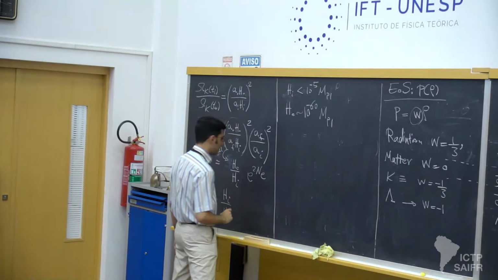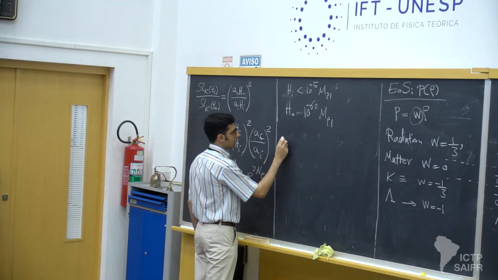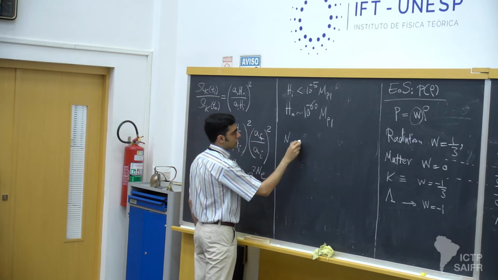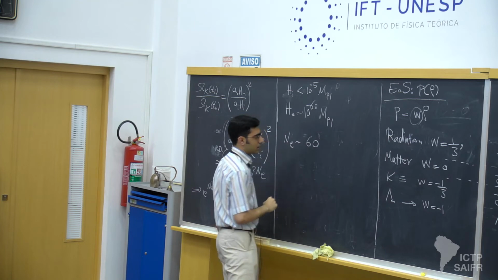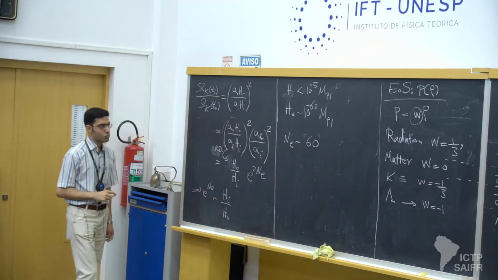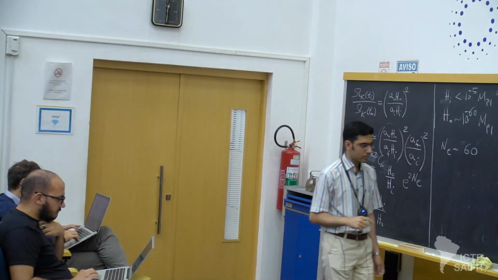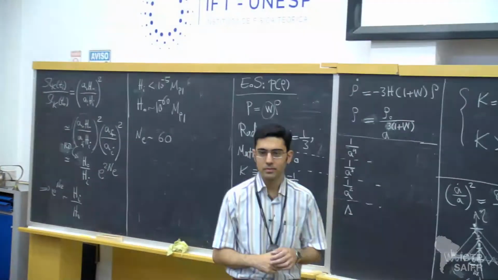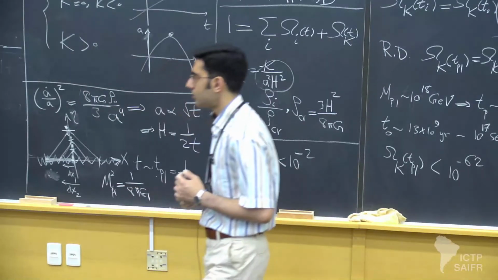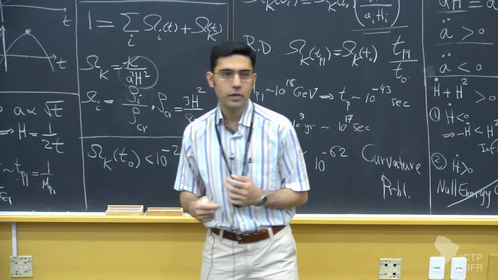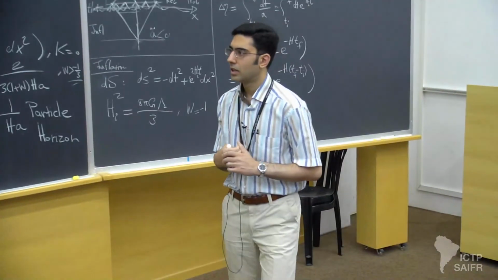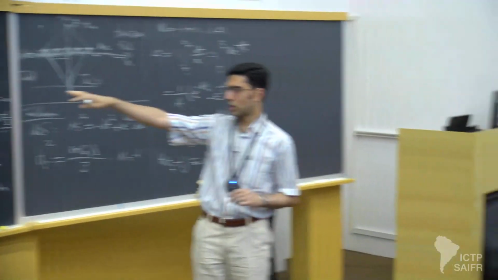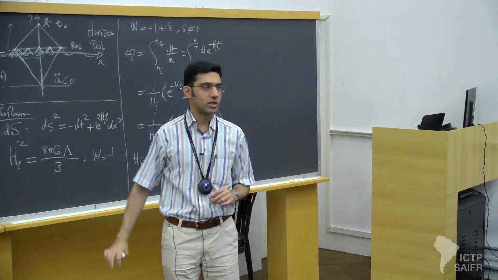Okay, so if we combine this together, we get NE should be of the order of 60. Maybe 62. So if you have about 60 e-foldings of inflation, then we can solve this curvature problem.